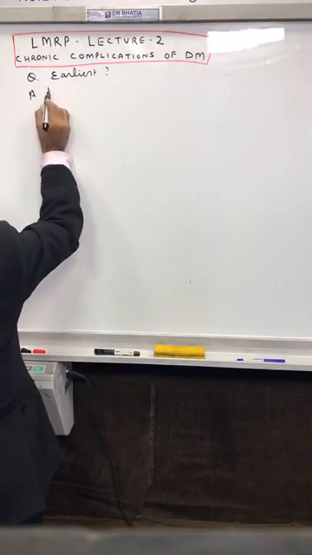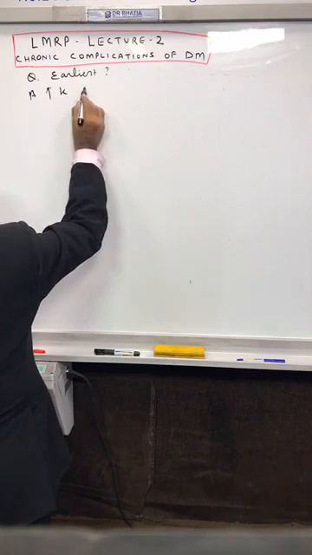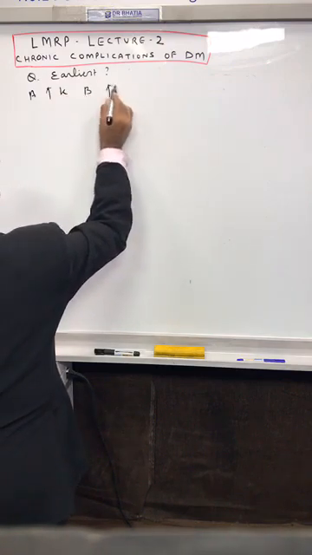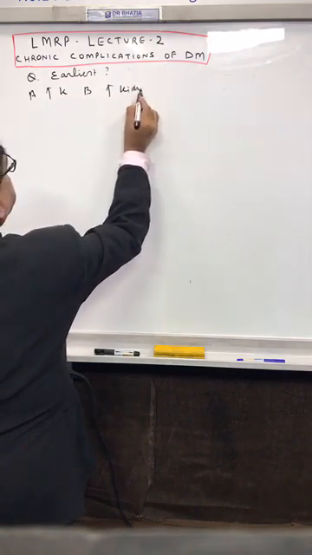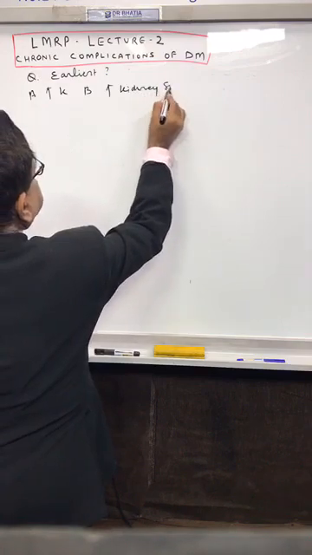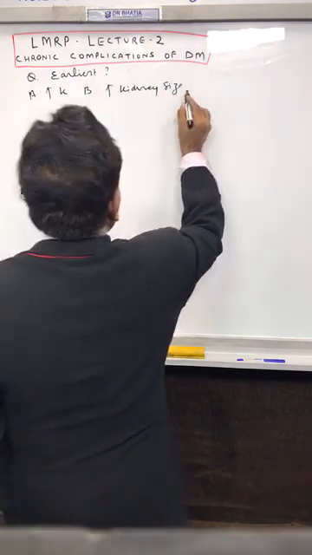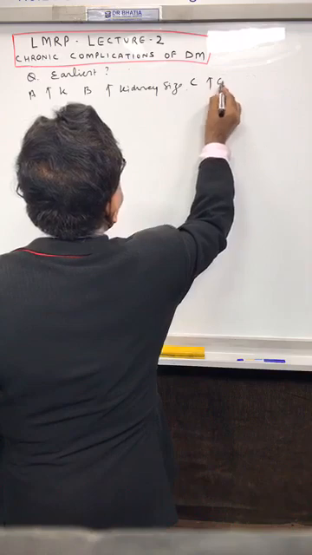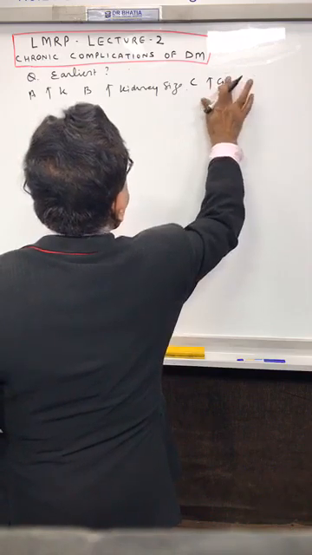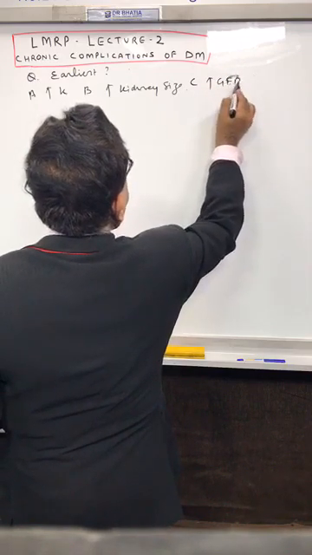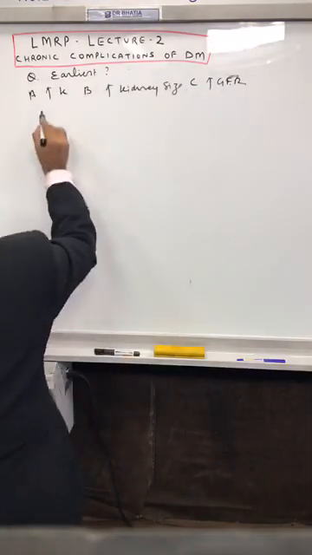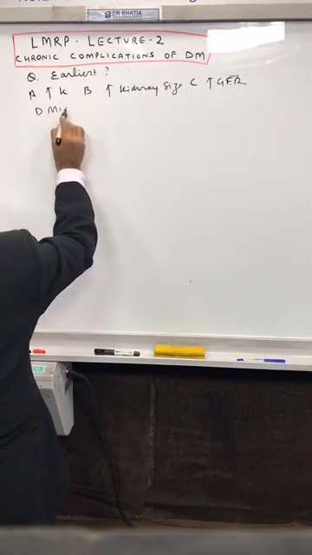A. Increased potassium. B. Increased kidney size. C. Increased GFR. And D. Microalbuminuria.